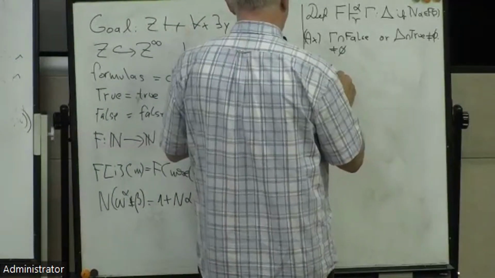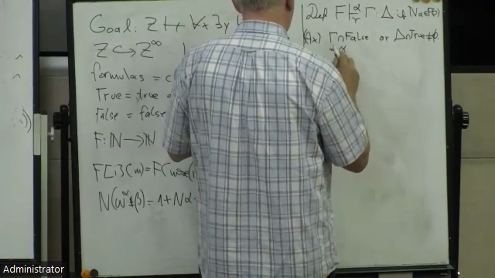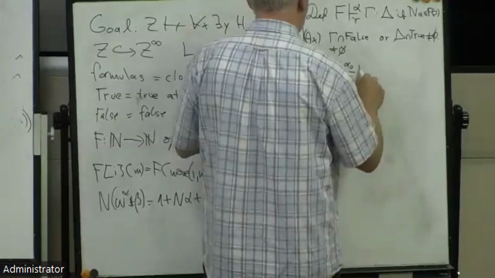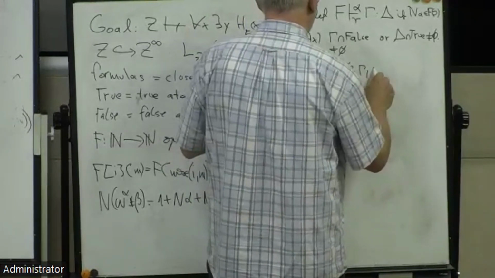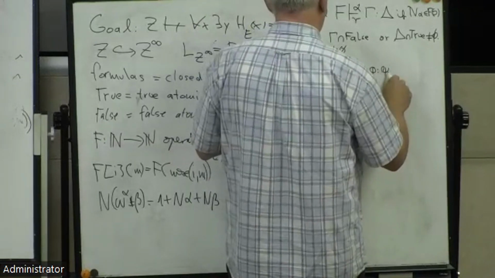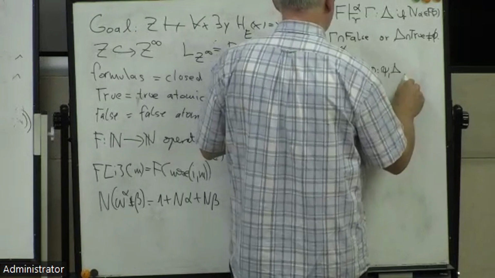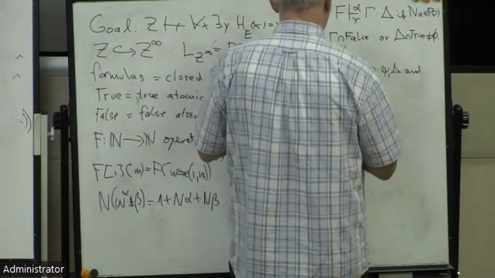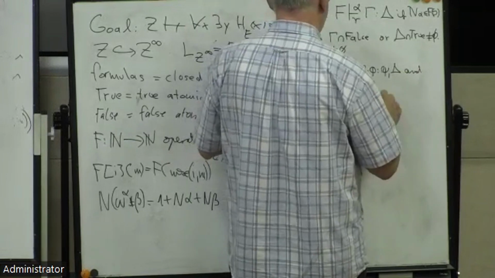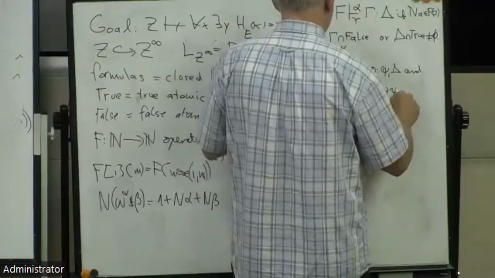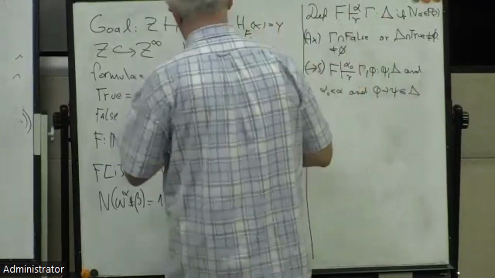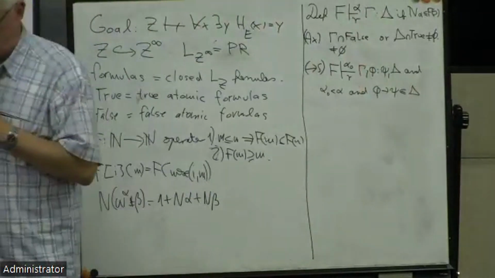So assume f derives with an ordinal alpha 0 and r, gamma, comma, p double dot c, comma, delta, and alpha 0 is smaller than alpha, and if the formula p implies c is an element in delta, then I can derive gamma double dot delta as before.